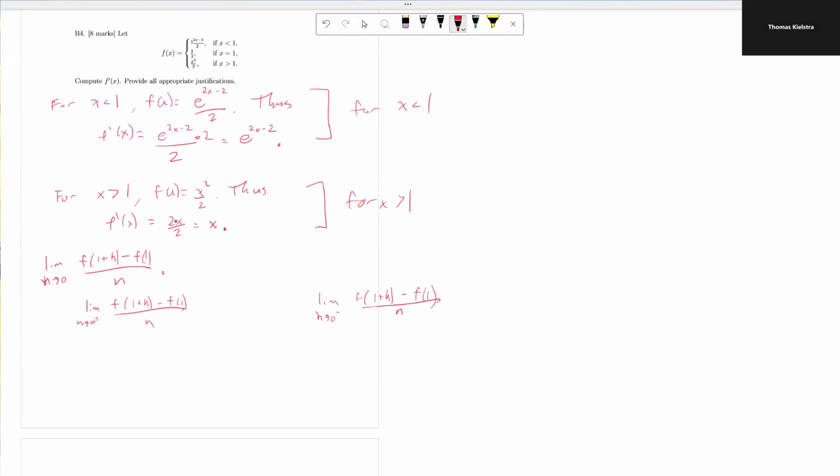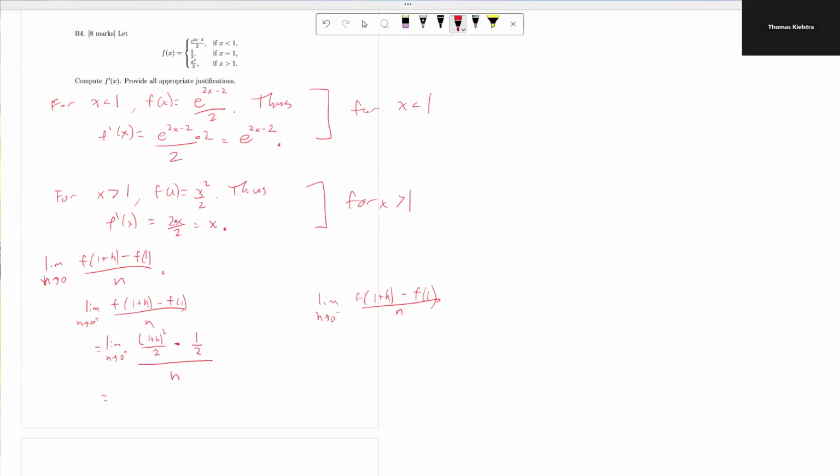all over h. Now this limit equals the limit as h approaches 0 from the positive of this 1 plus h goes into this x squared over 2 term. So 1 plus h squared over 2 minus, and f of 1 is 1/2. So it's minus 1/2 all over h.